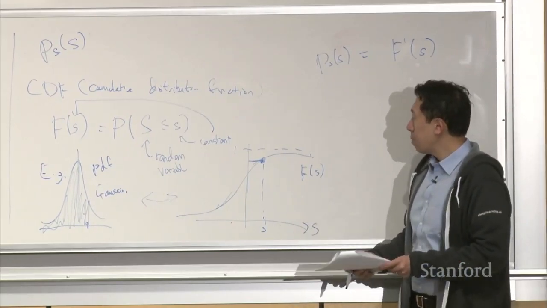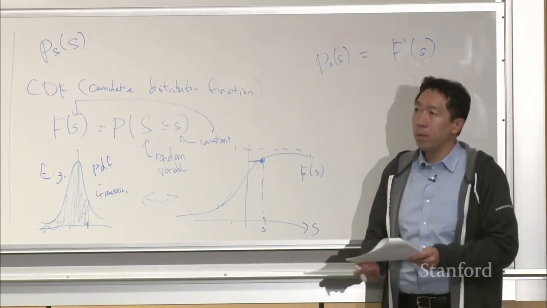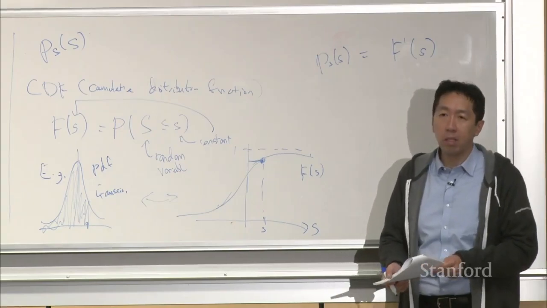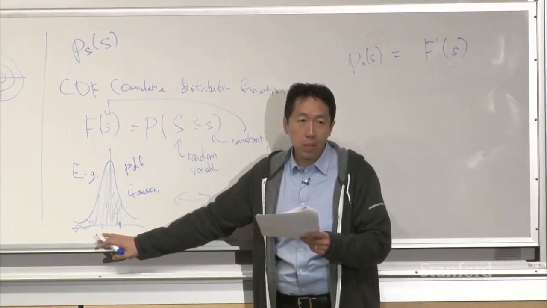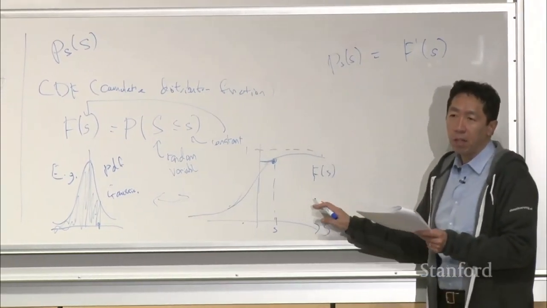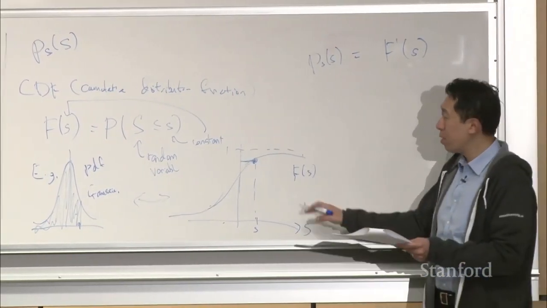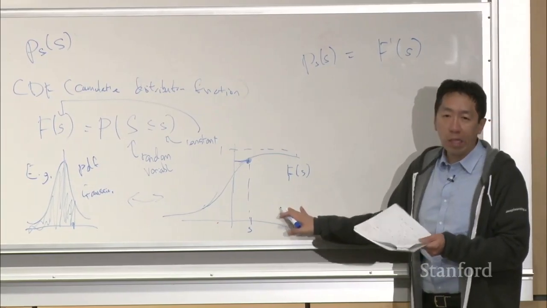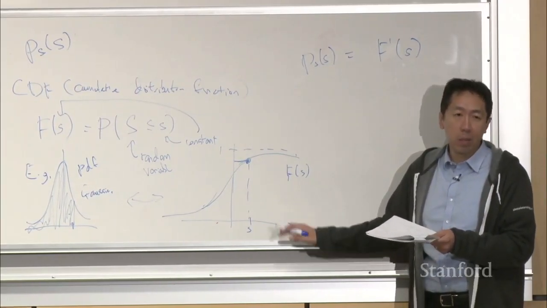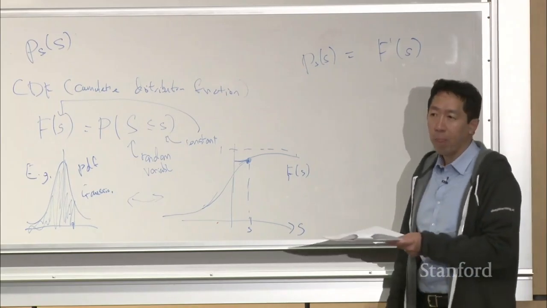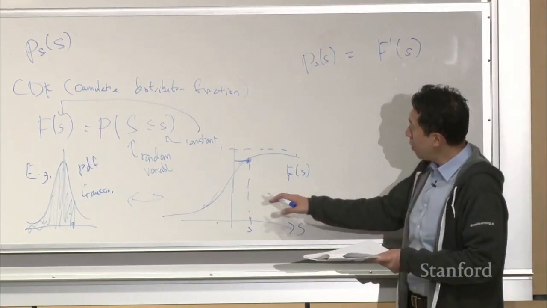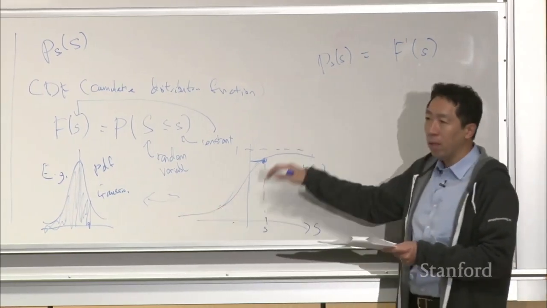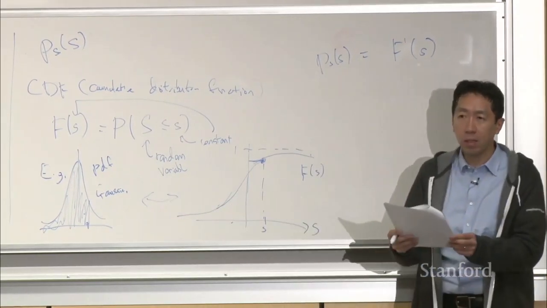And so what we're going to do in ICA is instead of specifying a PDF for how speakers' voices sound, we're instead going to specify a CDF. And we'll have to choose a CDF that is not the Gaussian density CDF, because we have to assume that the data is non-Gaussian. And the CDF is a function that always goes from 0 to 1, okay?